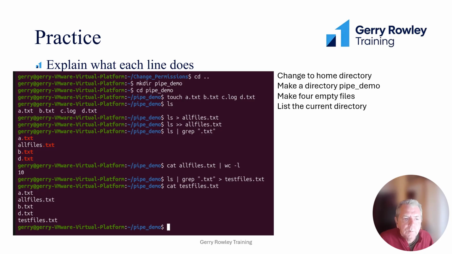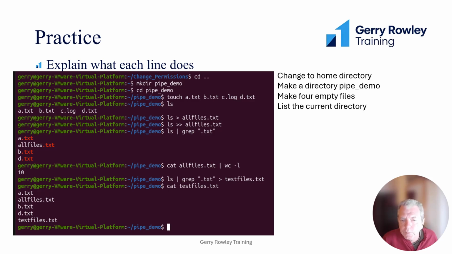Right. I've deliberately put in a command that I haven't introduced you to yet. If you did a man space wc, it would show you that this is a word count and there are options that you can apply. The next line, ls pipe grep .txt to testfiles.txt.